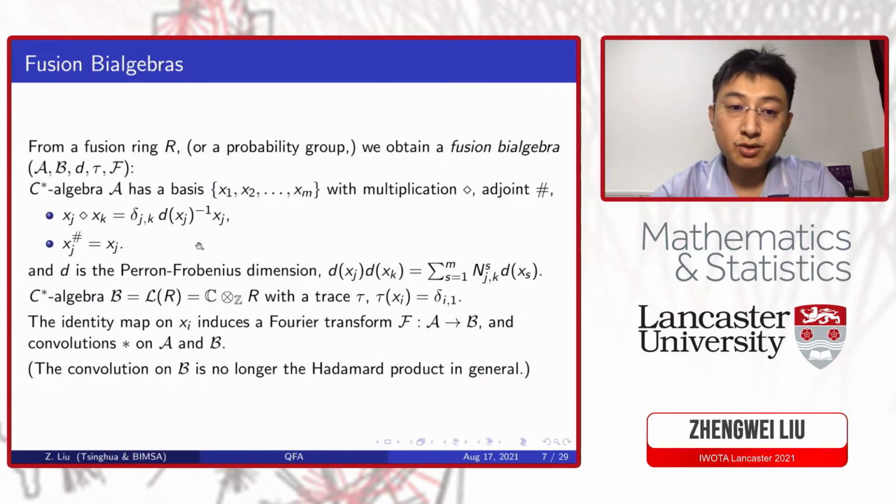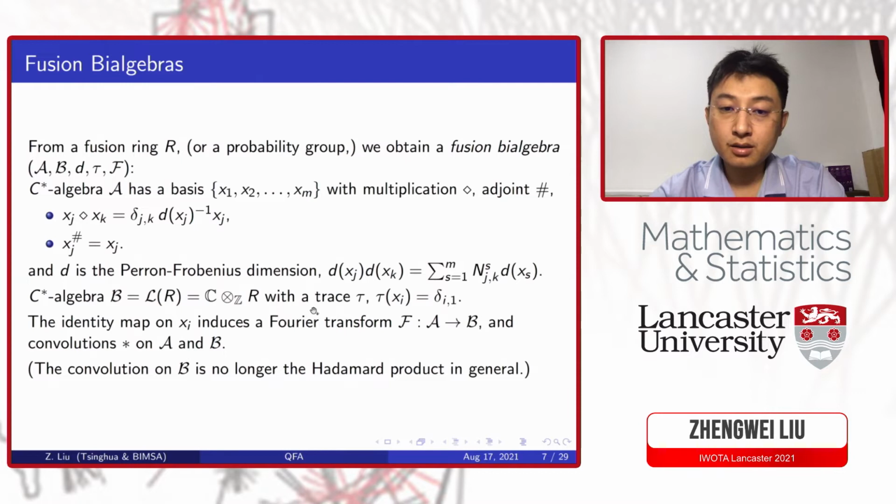So once we have the two algebras A and B, we can define similarly two measurements. One measure is given by the Perron-Frobenius dimension, and the other measure is given by the trace. But here, the trace is not the usual one. It's not the trace of the matrices in the B algebra, but it's defined as this: it's 1 at identity and 0 at other basic elements in the basis.